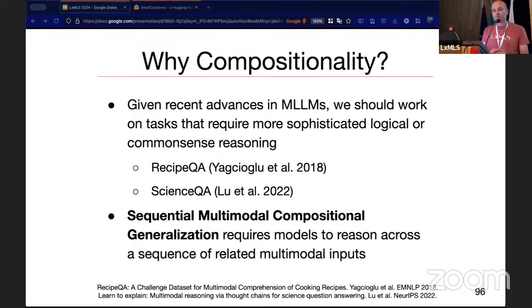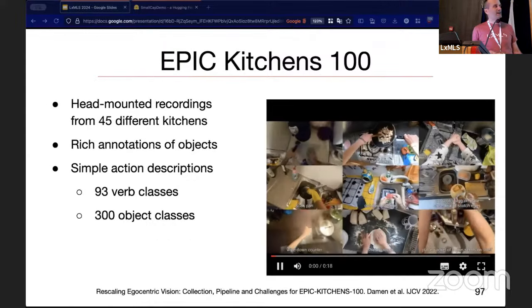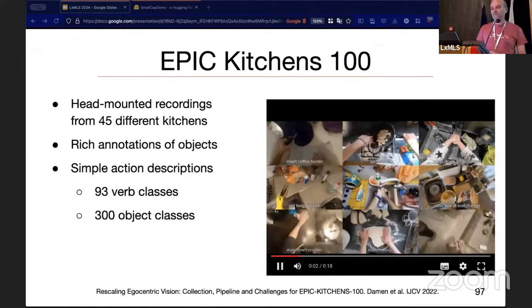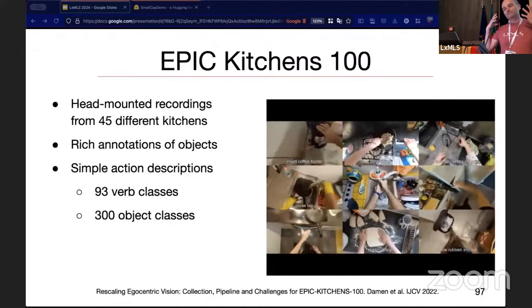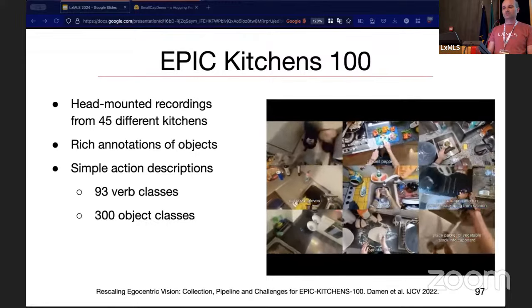And what I'm going to talk about now is a task that requires models to reason across sequences of multimodal inputs. Our data is sourced from Epic Kitchens 100, and there's an example of what this looks like over here. So these are head-mounted recordings from 45 different kitchens around the world.